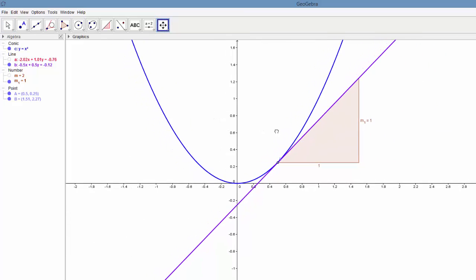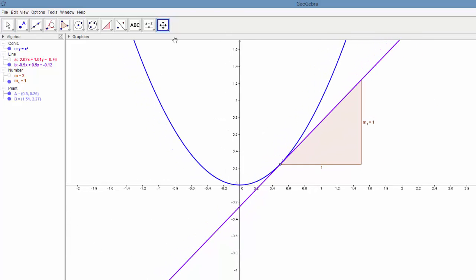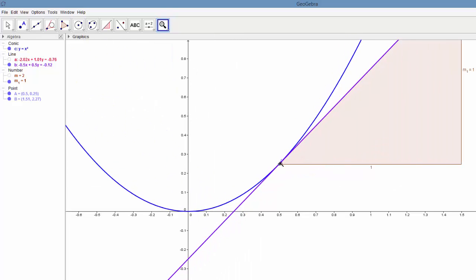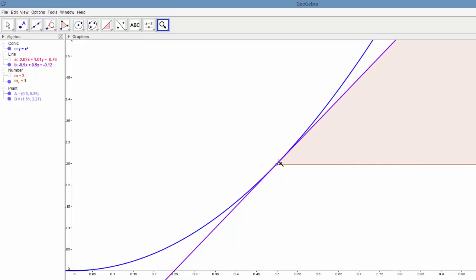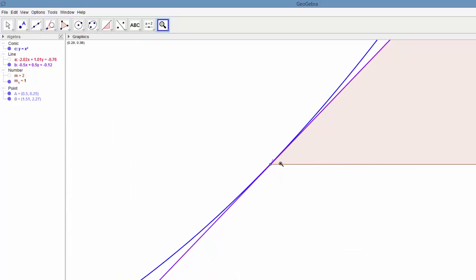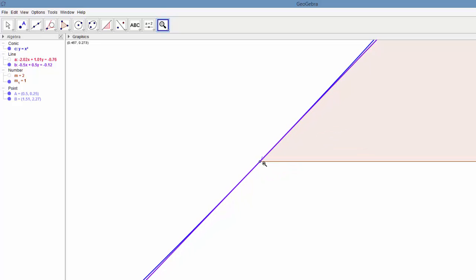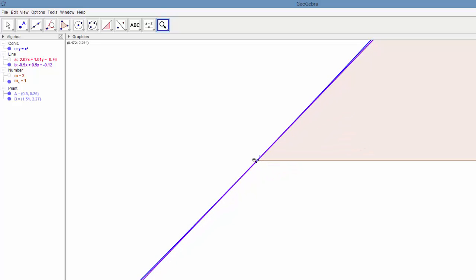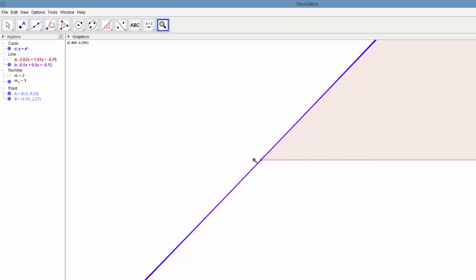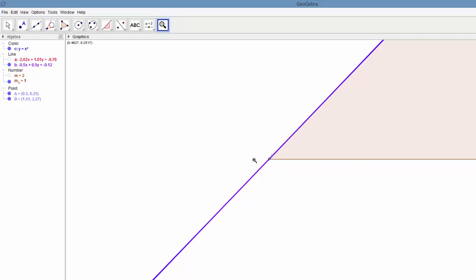Let's zoom in on this point and show that if we zoom in enough, there will be no difference between our function over that very small range of x and our tangent line. And there we go.